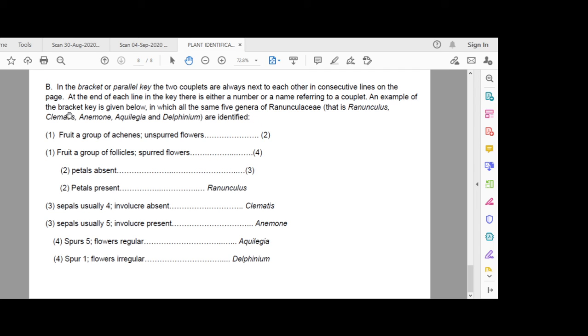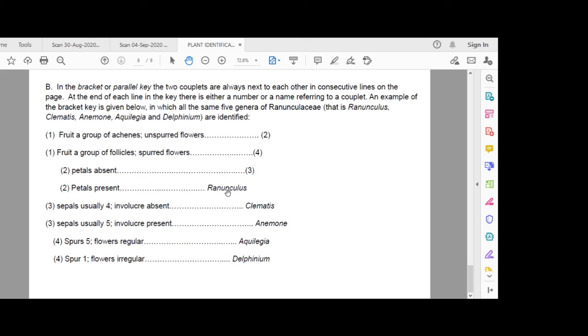An example of the bracket key is given below, in which the same 5 genera of Ranunculaceae, that is Ranunculus, Clematis, Anemone, Aquilegia and Delphinium, are identified. So we give fruit, a group of achenes, unspurred flowers, number 2. So we discuss here number 2: petals absent and petals present.